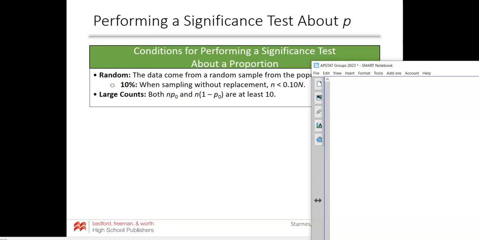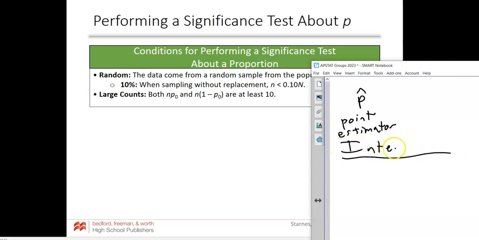So if you remember, we had a name for p hat. Does anyone remember the name? It is called the point estimator. In other words, when we were doing intervals, and I'm specifically talking about intervals, we used that to predict the value of p.